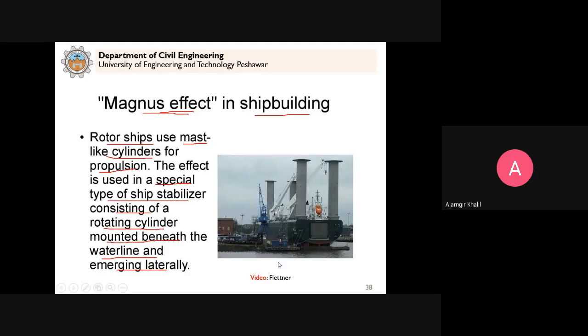You can see that very interesting phenomenon. Because of that, these ships were built, but later on it was found that these are uneconomical.